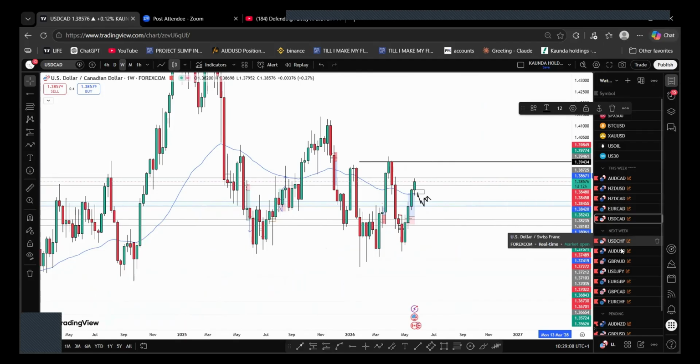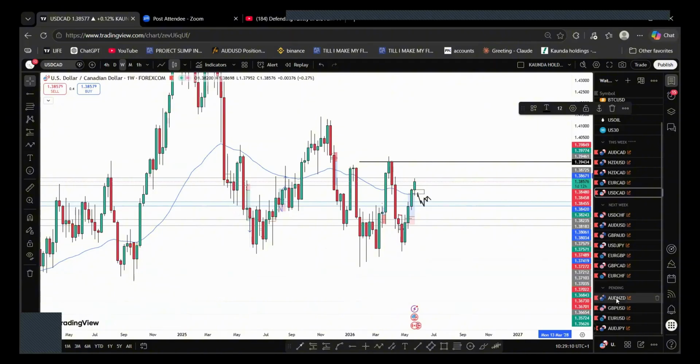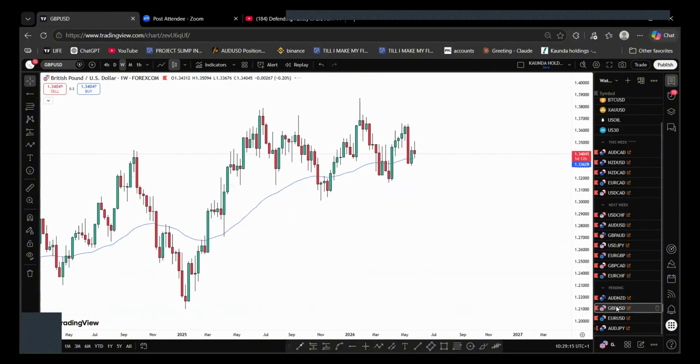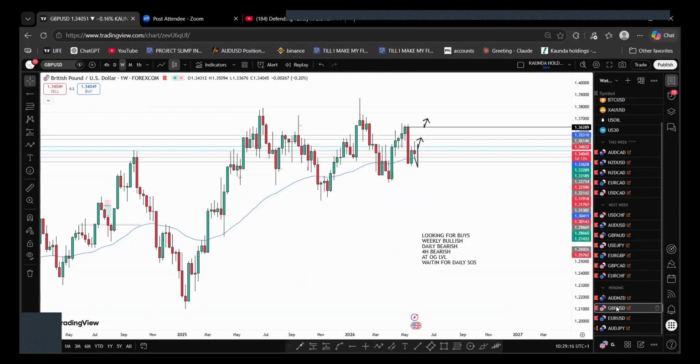So let's try to pick any pair. Okay, let's choose something we trade, but it's not here.